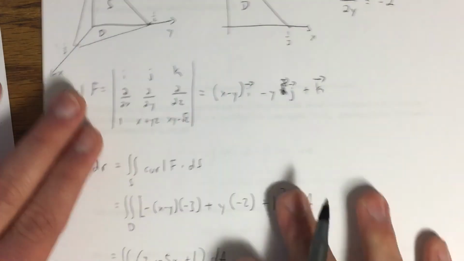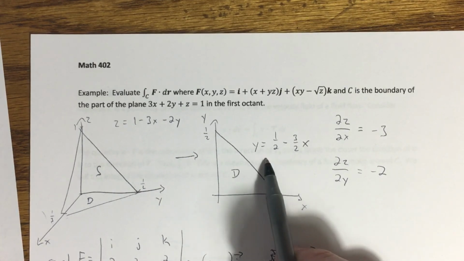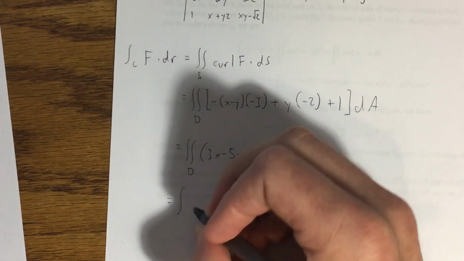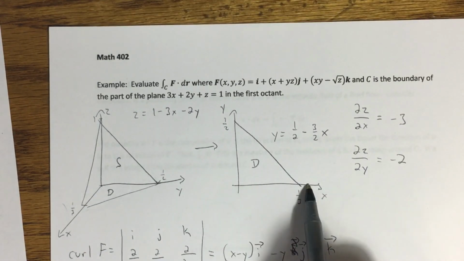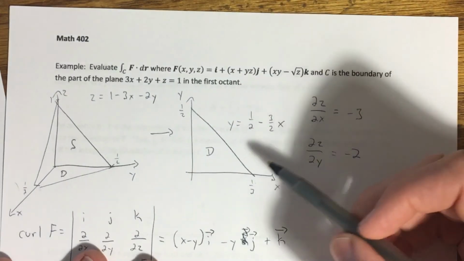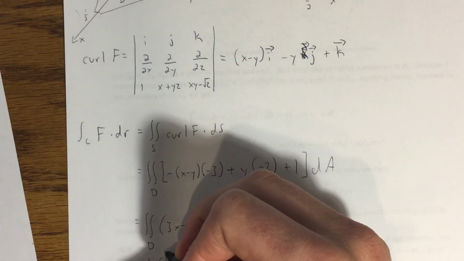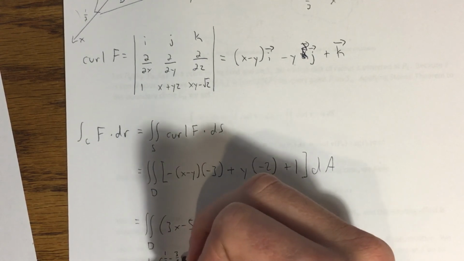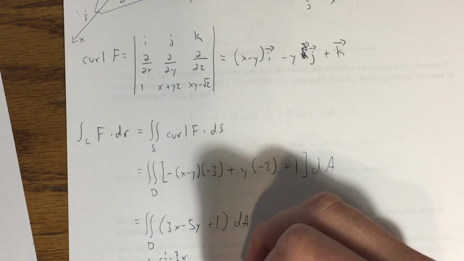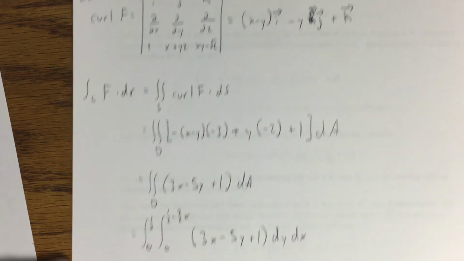Now, we went through and found a representation for this region D as a type 1 region, which gives me a method for turning this into an iterated integral. Notice x goes from 0 to 1/3, and y goes from 0 up to the equation y equals 1/2 minus 3/2 x. So the integral from 0 to 1/3 of the integral from 0 to 1/2 minus 3/2 x of 3x minus 5y plus 1 dy dx.